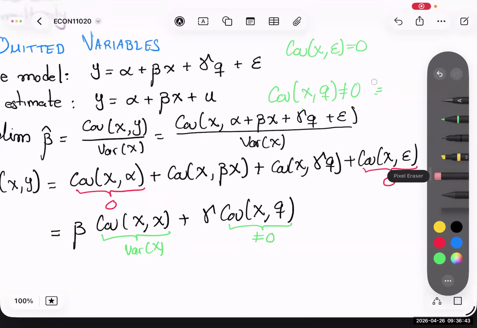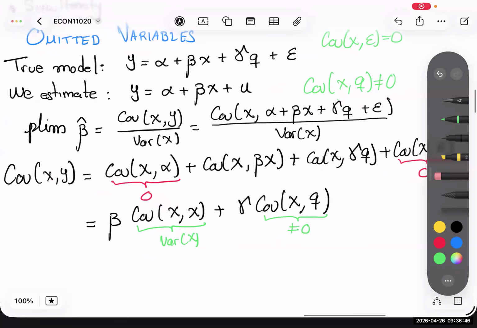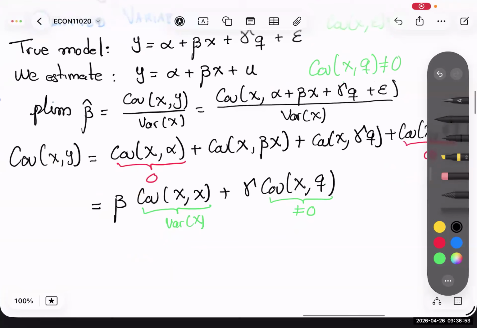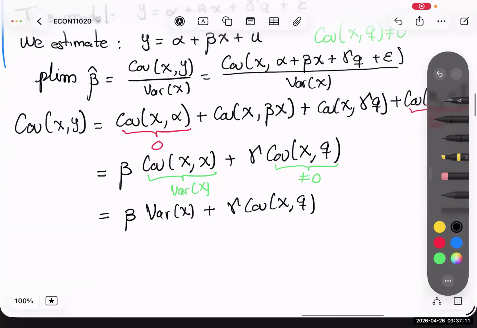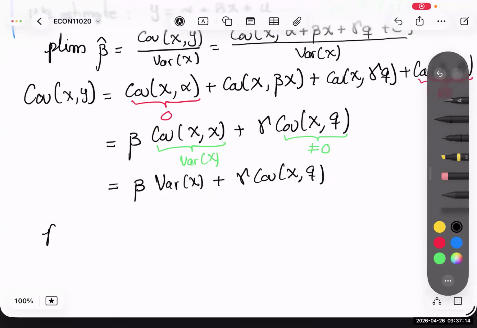That's the reason why this is an issue, because these two important regressors are correlated, which means that now we can re-express the numerator, or this covariance of X and Y, as beta times the variance of X plus gamma times the covariance of X and Q. And if we go back to the probability limit of beta hat, remember, this was a ratio, covariance XY and variance X. The numerator, that covariance XY, is precisely what we just found.